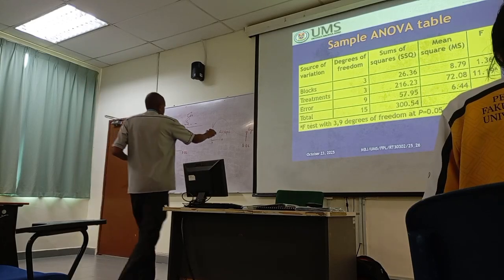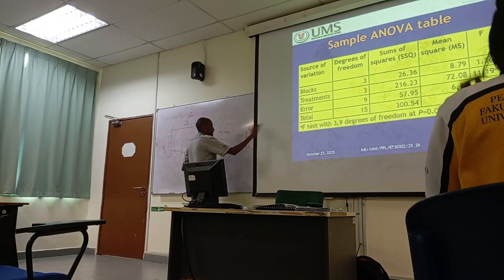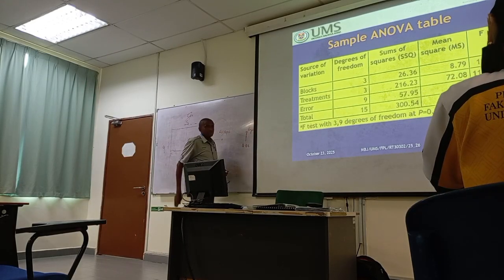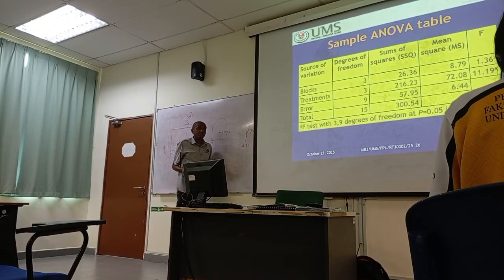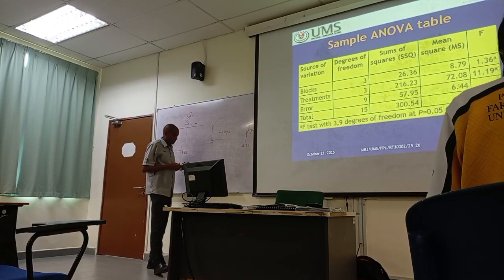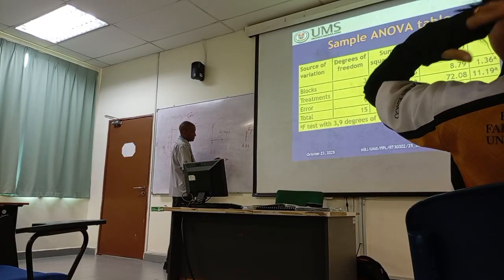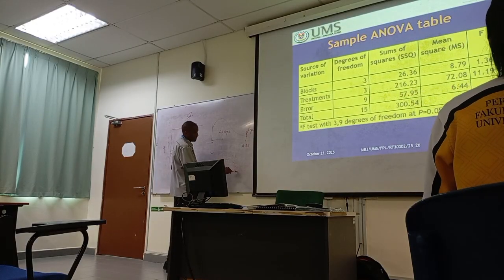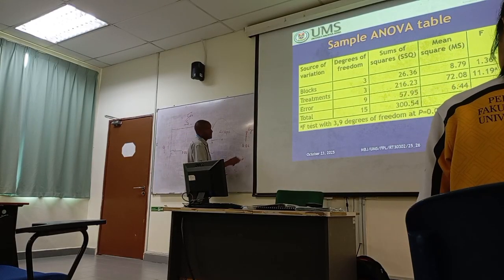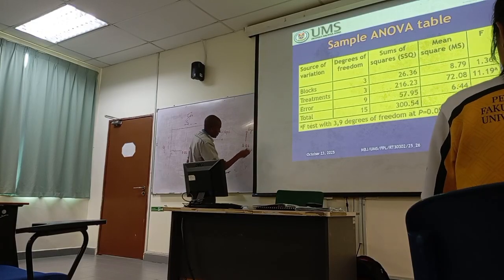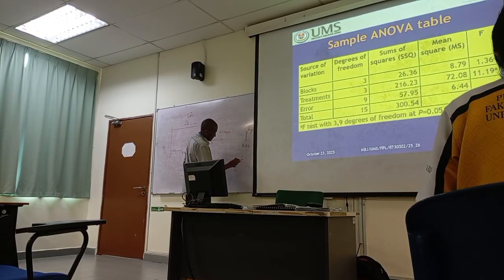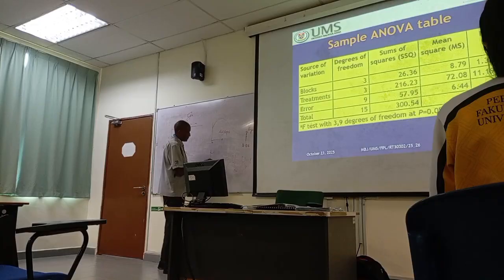You are outside of the critical point, reject. You are inside here, accepted. Once you are accepted, it means we are all the same. H0: mean 1 equals mean 2 equals mean 3. How many treatments are there? 4. Equals. They are all the same, equal. So we accept that.